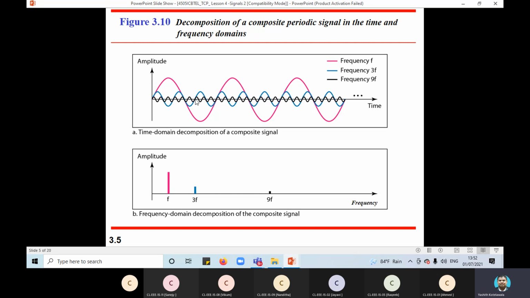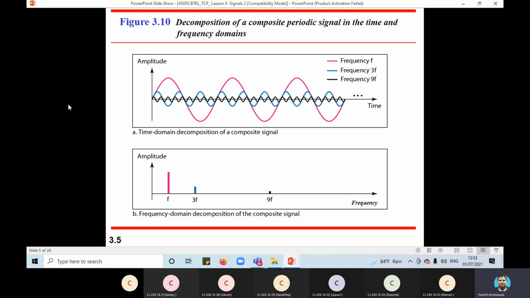When you are electrically mixing these three wave components, which are all in phase, you can see the pink color phase angle is 0. The starting wave position is 0 degrees or 0 radians. The blue color starting position is 0 degrees, and the black color wave, the high frequency one, also starts at 0 degrees.